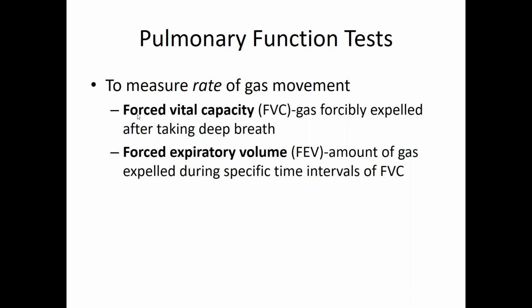So you take a deep breath, breathe it out as much as you possibly can, and then you do that for a minute, or 30 seconds, or whatever, and we get a forced expiratory volume as our ultimate measure of that.